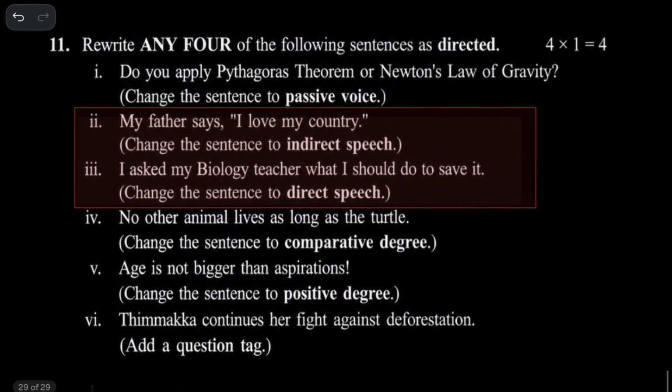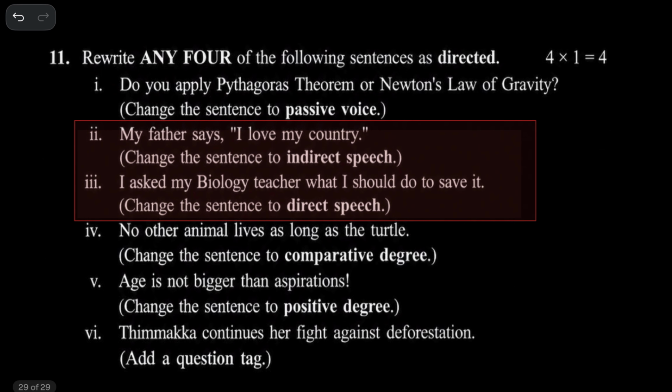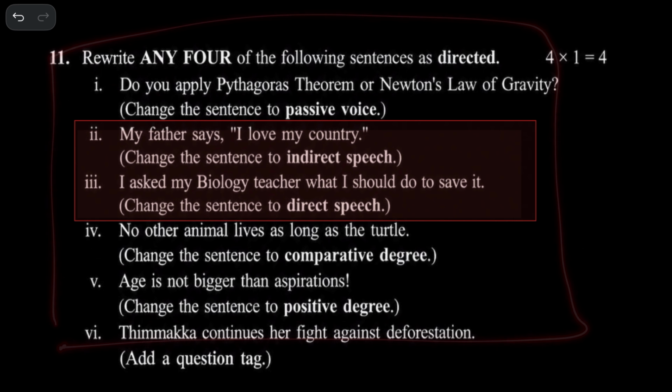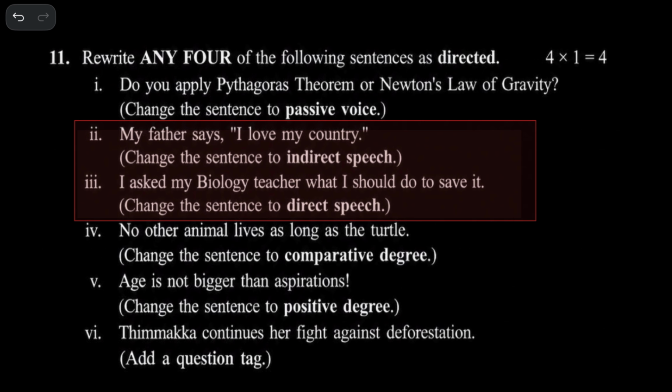Now, this is how the questions are given in the board examination. What you see here is actually taken from the model paper at the end of the textbook. The questions from this topic, reported speech or direct and indirect speech, are given in bit number 11, as the second and third questions normally. So how do you write the answers?